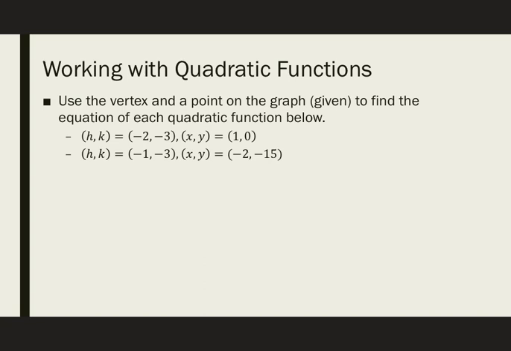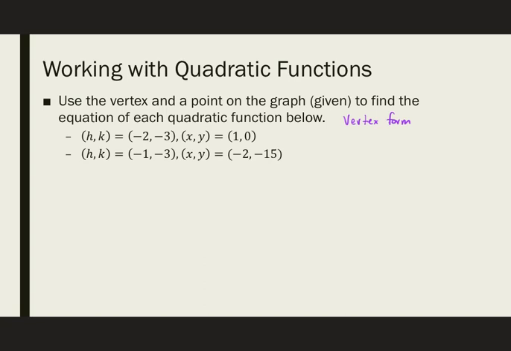All right, use the vertex and a point to find the equation for a given parabola. When you are working on these, you should always start in vertex form. Always. It's just easier. The pieces all have places to go.